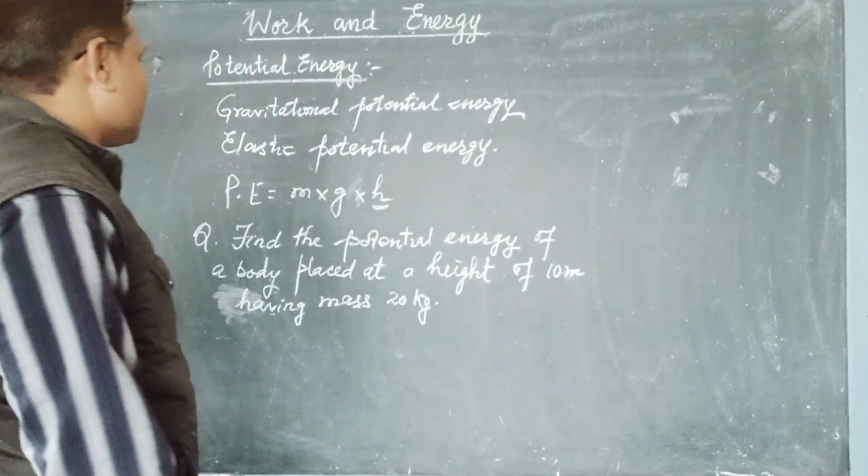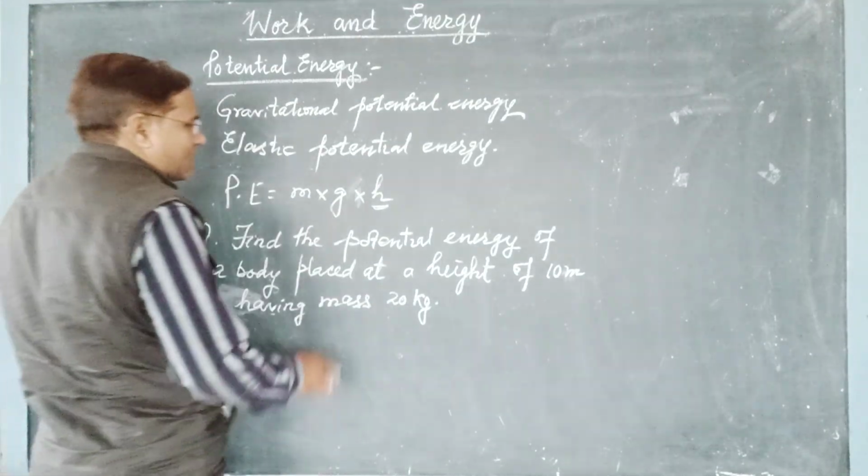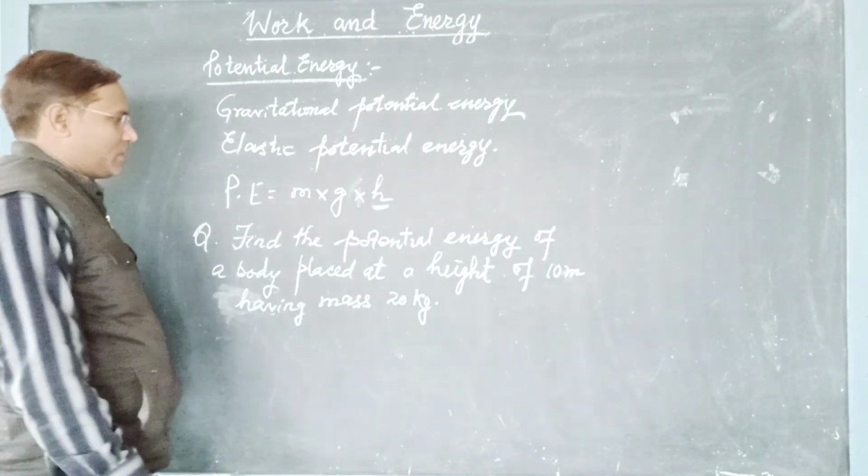So what we are given is that we need to find the potential energy of a body placed at a height of 10 meter having mass 20 kg.